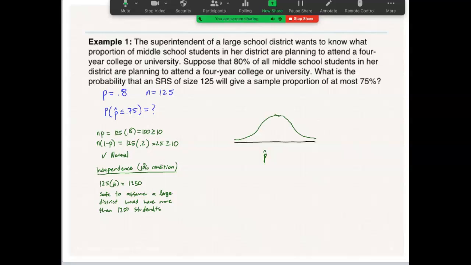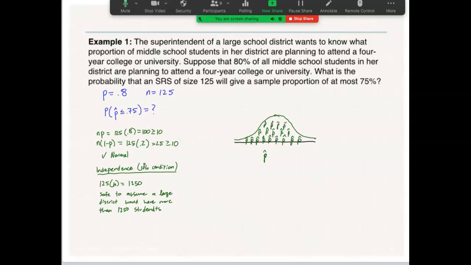So you can think of a bunch of little p hats underneath here, and each one is a sample of students, and it's a sample of size 125 where I'm just surveying how many of them are going to attend a university or four-year college.